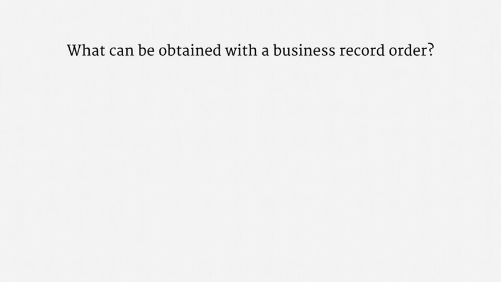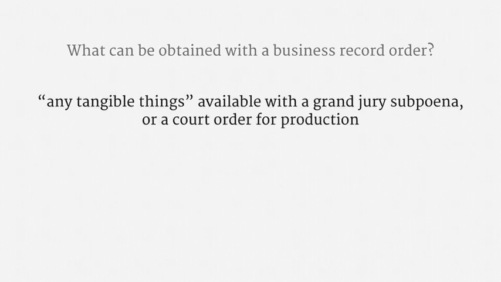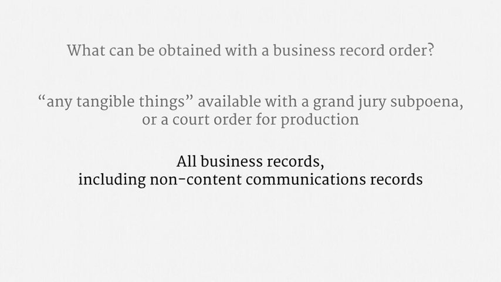So, a logical next question is, what can be obtained with a business record order? The statutory text reads, any tangible things available with a grand jury subpoena or a court order for production. That certainly includes all sorts of routine business records, including even medical records. That also includes any non-content communications record.